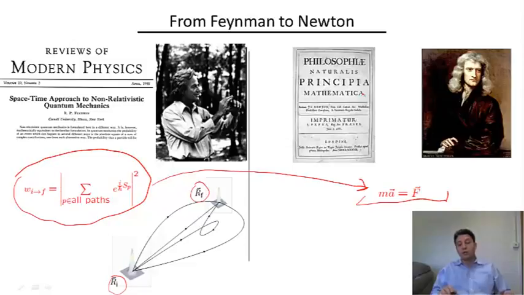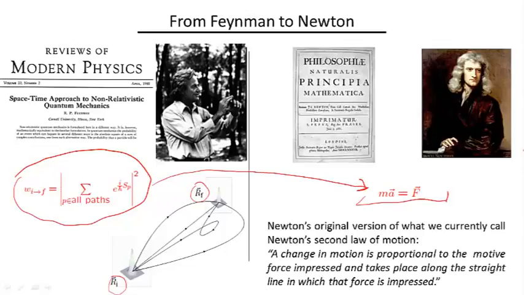So we are not actually going to see this equation in this modern form. The closest formulation to what we currently call Newton's second law of motion appeared in his original work in the following form: a change in motion is proportional to the motive force impressed and takes place along the straight line in which that force is impressed. It probably requires some imagination to connect this statement to this equation, but in any case, obviously Newton not only understood the basic principles of classical mechanics, he was the one who created it, so there's no question about that.